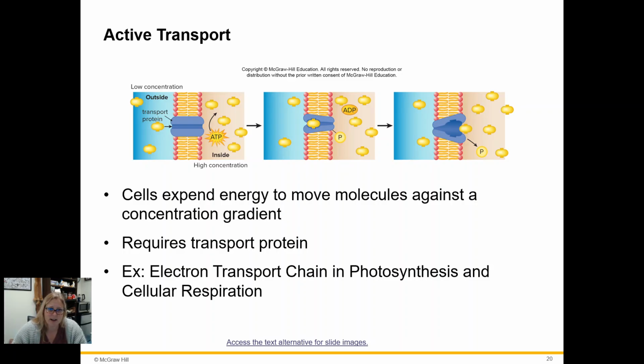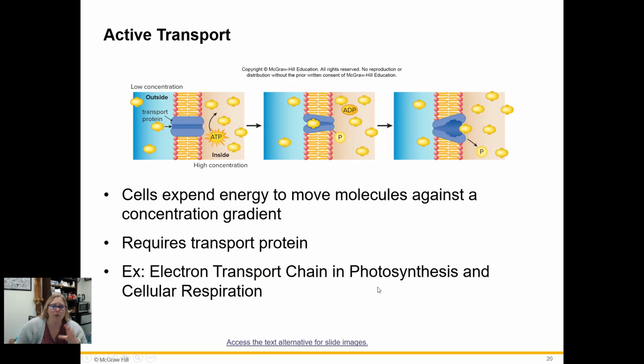Now remember, Mother Nature doesn't like concentration gradients, and so things like ions don't easily move across the membrane. They are blocked from moving across that plasma membrane. But we can use a transport protein and some ATP to trap those molecules and move them into the cell when they might not move effectively on their own.